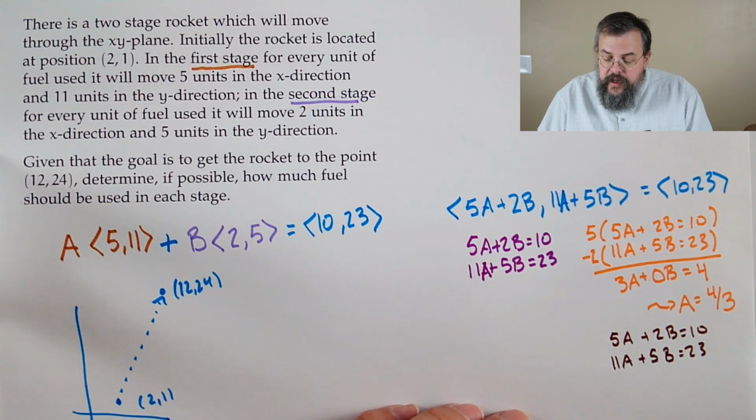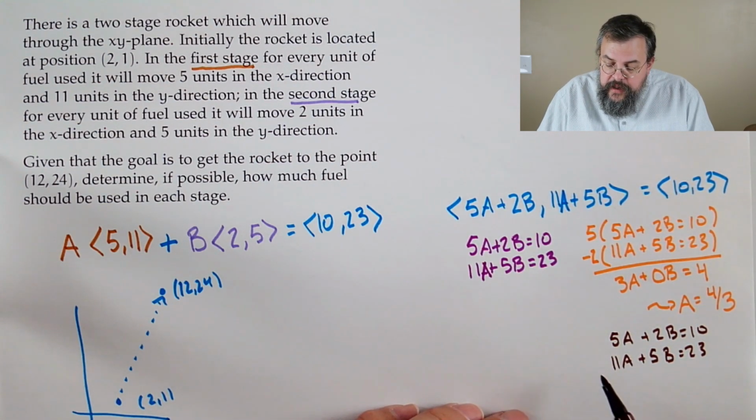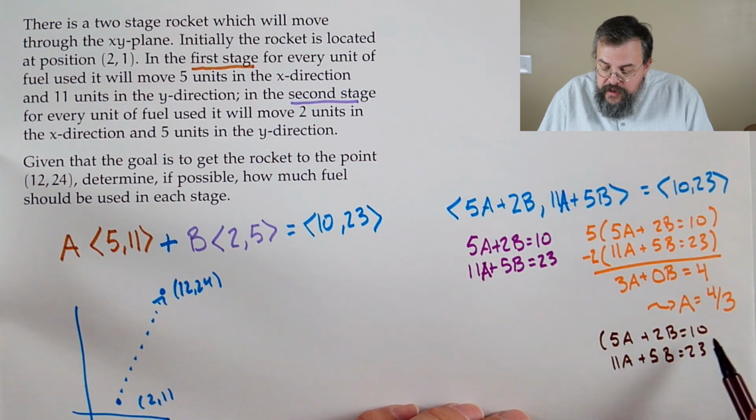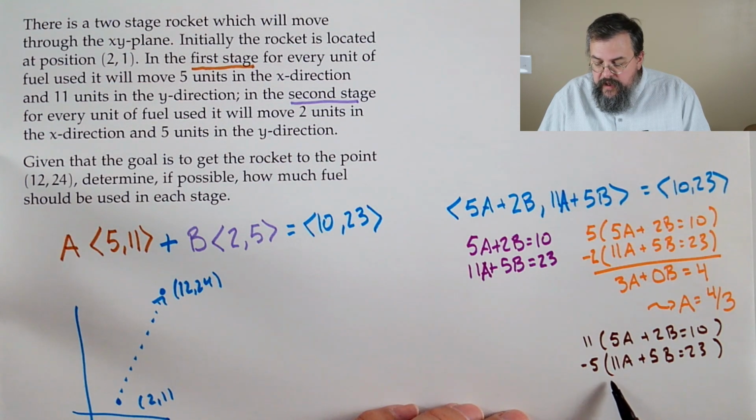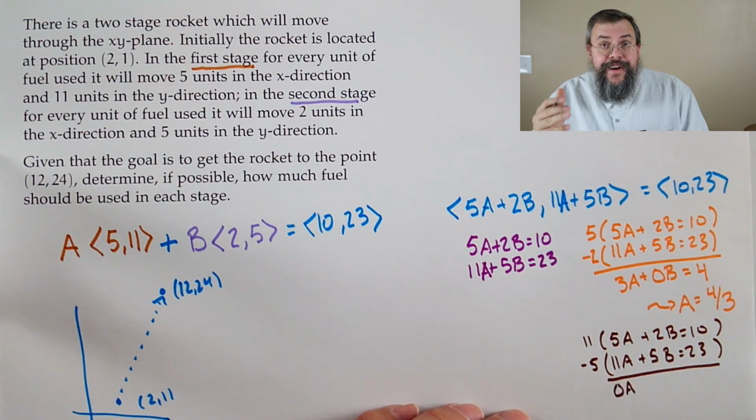And so for that, let's multiply the first equation here by 11 and the second equation here by -5. So you'll see we'll get 55a minus 55a, which means that there's no more a's. The a's will cancel out by design.